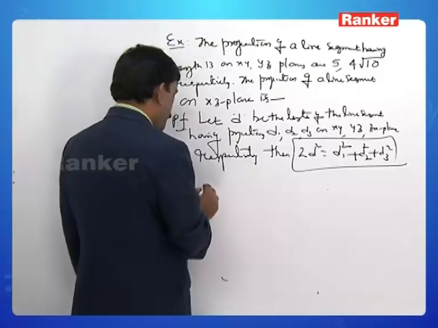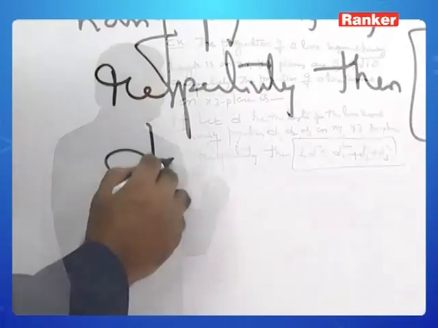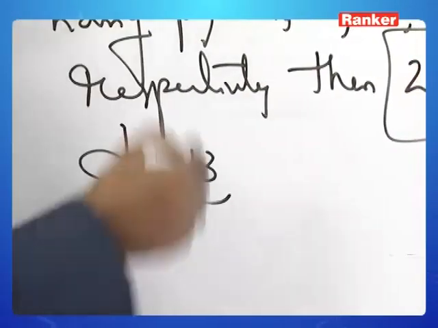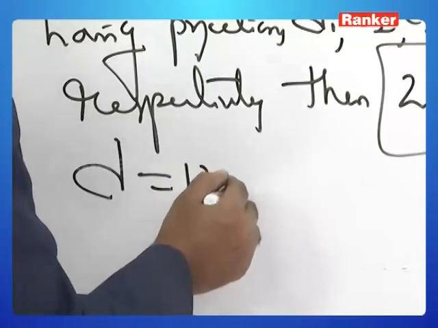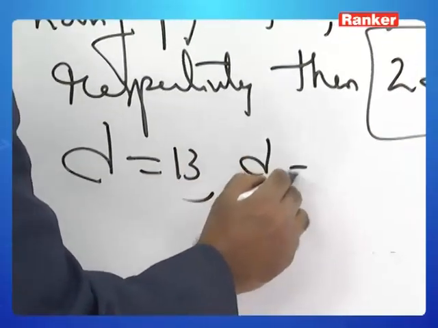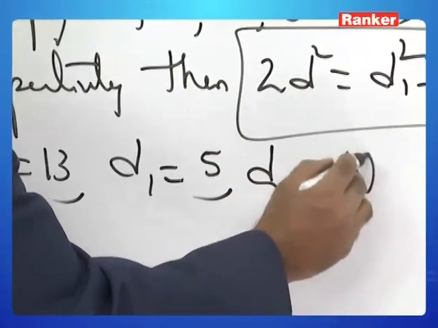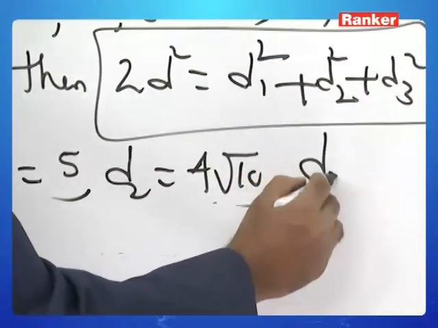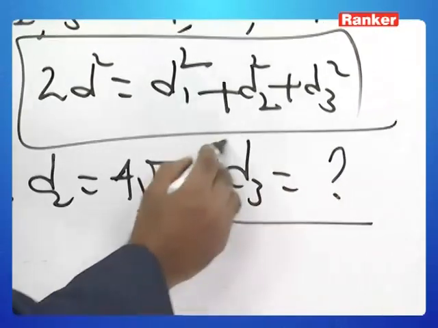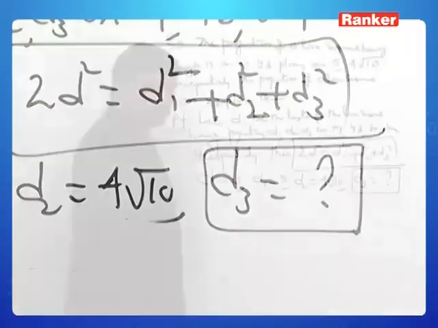But d is equal to how much? 13 is given. Next, d1 is equal to how much? 5. d2 is equal to how much? 4 root 10. But d3 is the question mark we are supposed to find out.